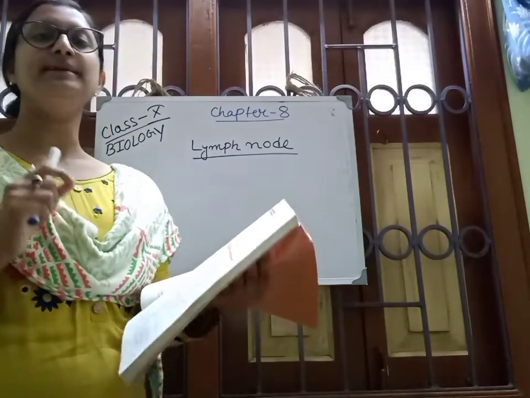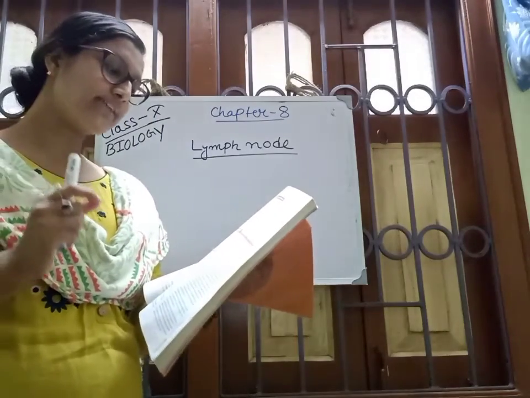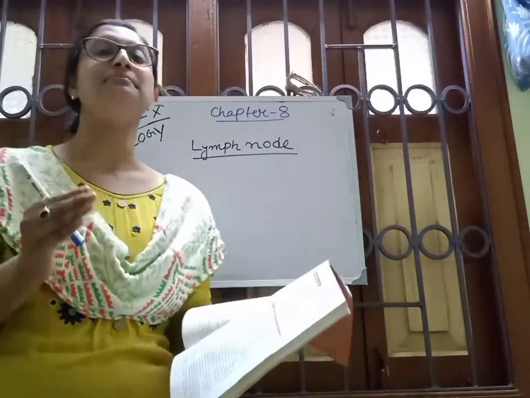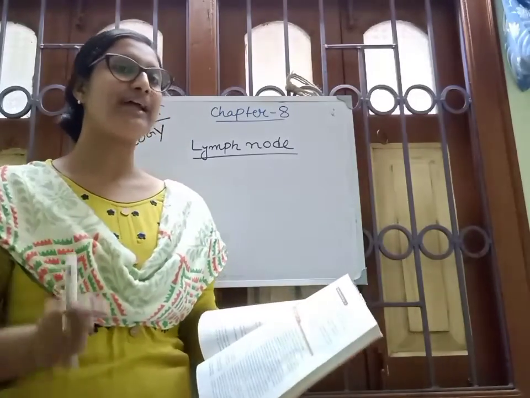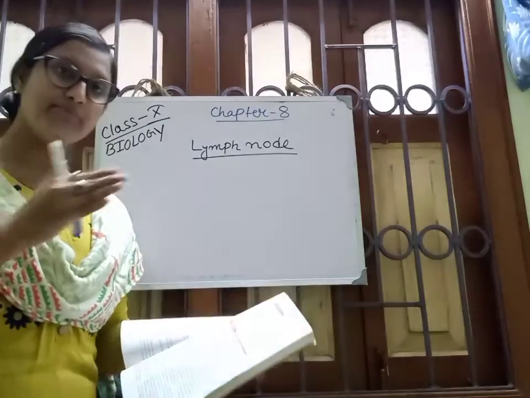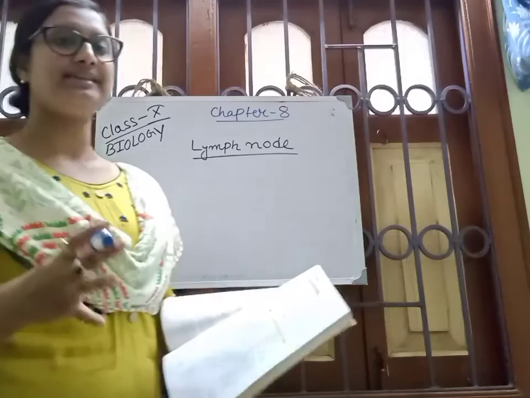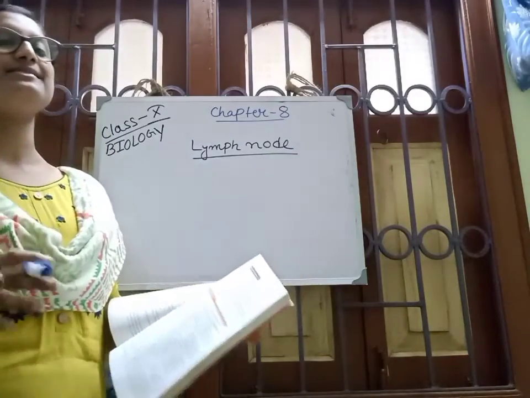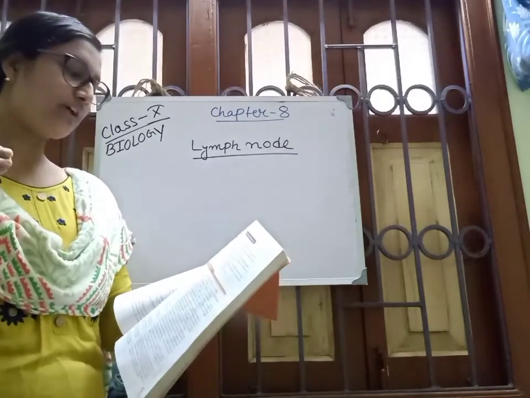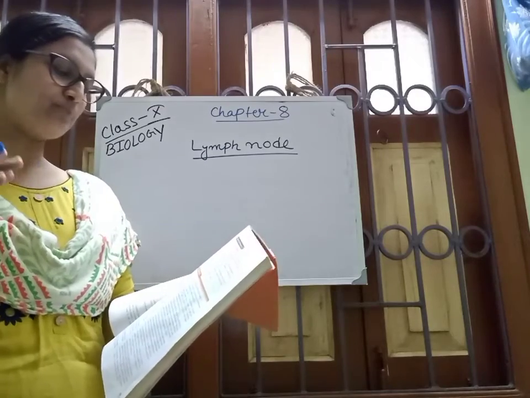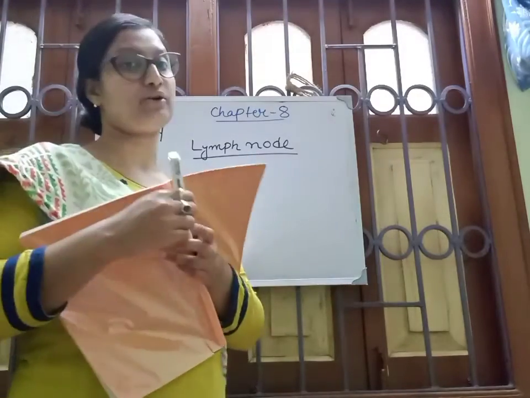These are called lymph nodes. The lymph node contains lymphocytes, plasma cells and macrophages.